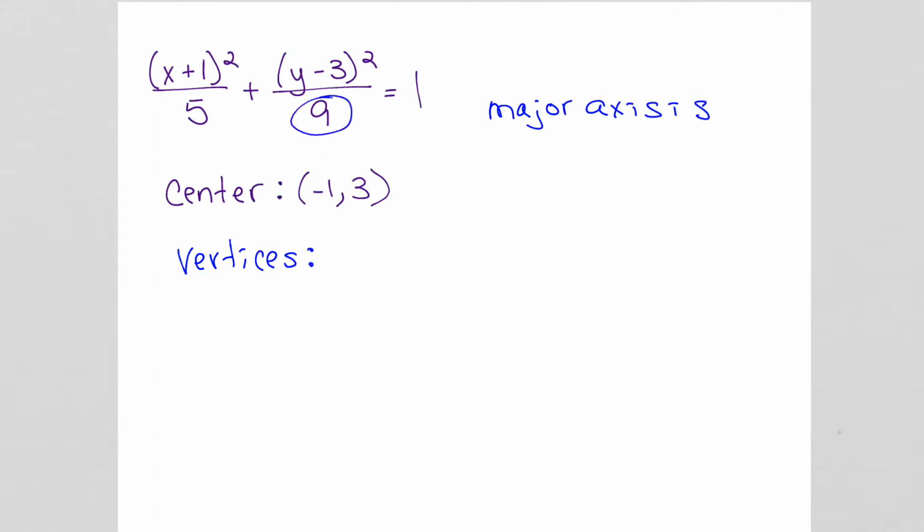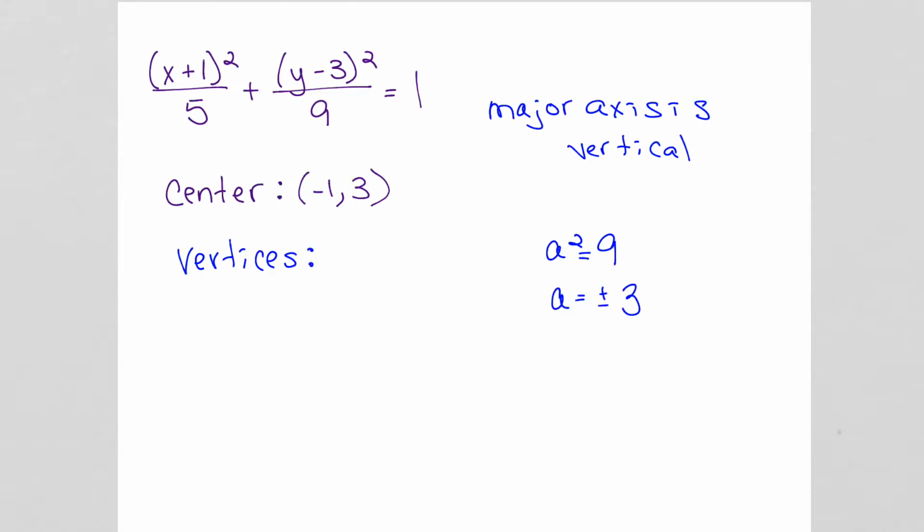Because the bigger number is under the y, the major axis is vertical. So that means a squared is 9. So a is plus or minus 3.